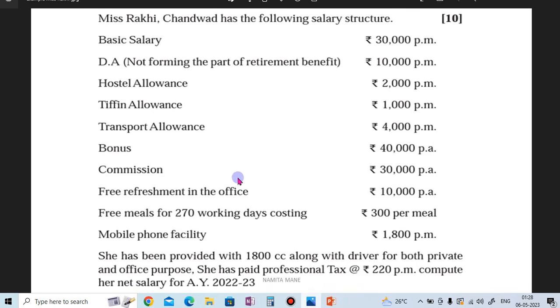Okay. After commission, next is free refreshment in the office, rupees 10,000 per annum. Now, free refreshment in the office is fully exempted. So the entire amount, this 10,000, is fully exempted from tax.